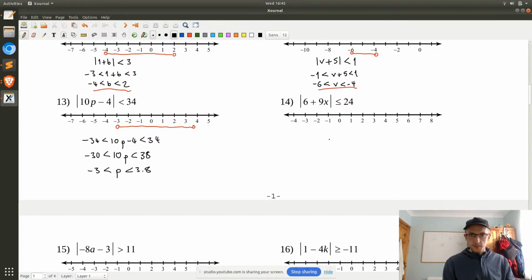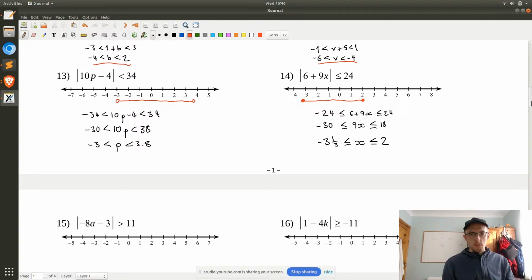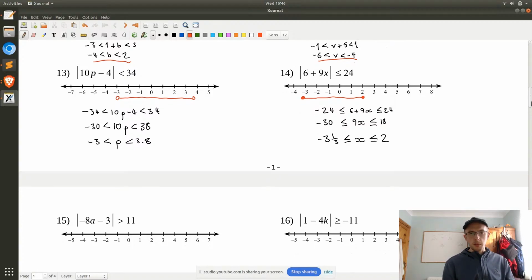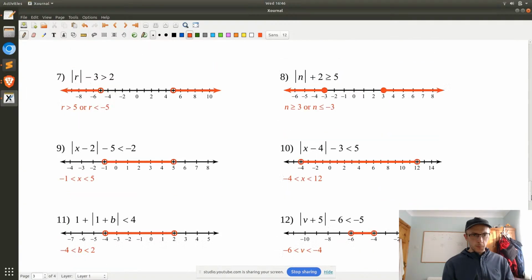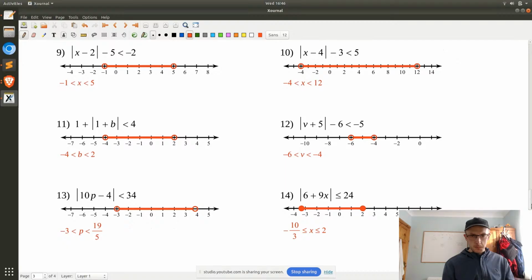Now do this. Best check these two. Negative 3 and a third, 2. Correct.